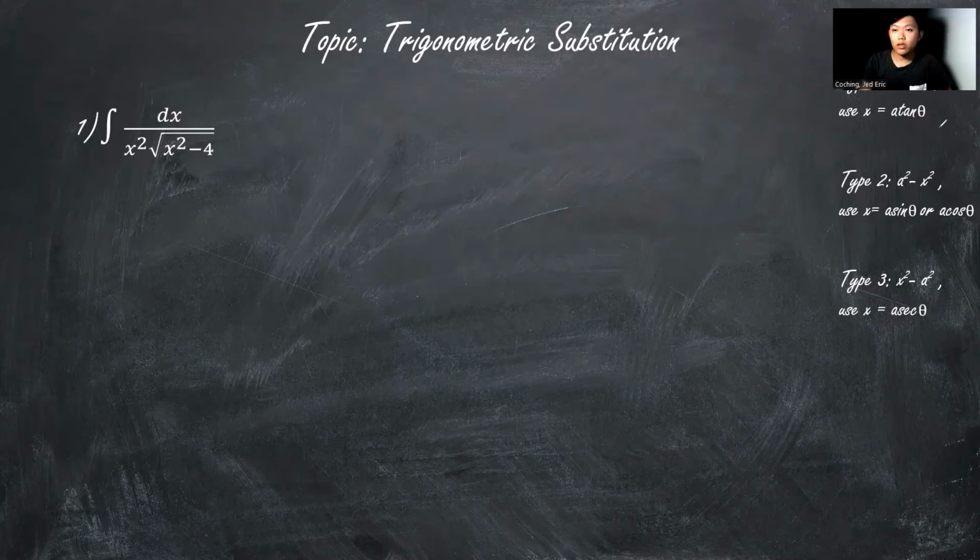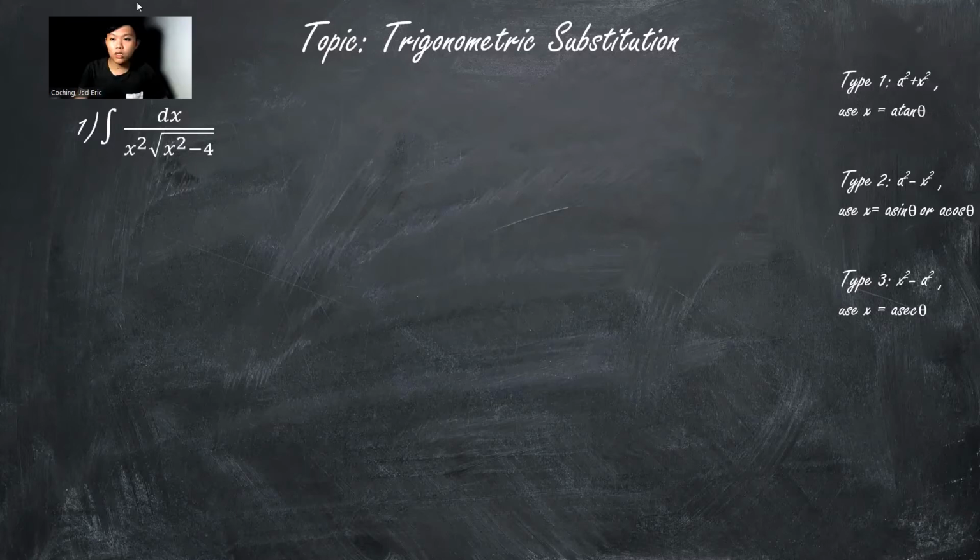Let's move this to this corner. As you can see, we have the formulas here in the corner, and x raised to 2 minus 4 is the same as the type 3 here.